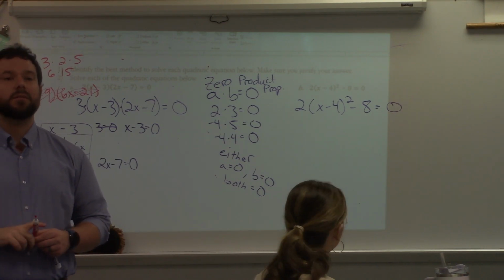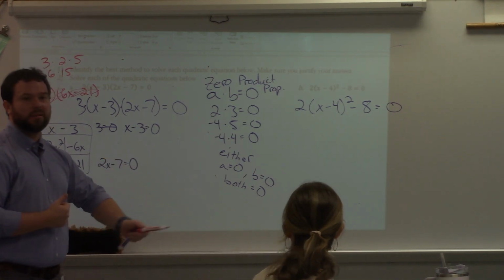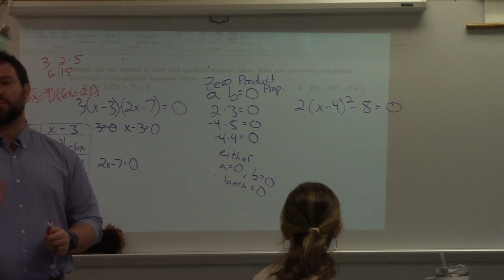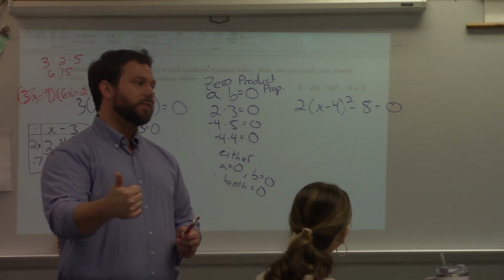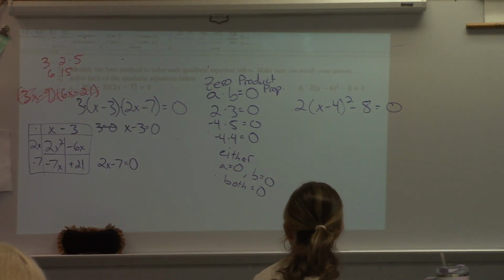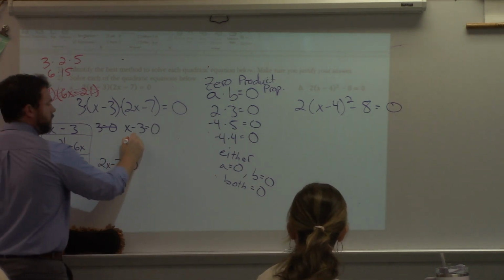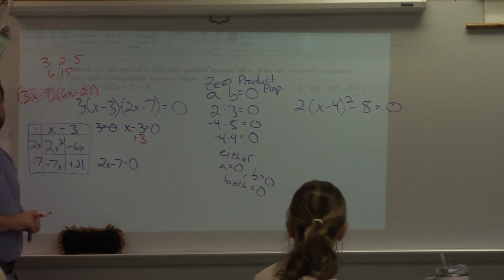Well, I could simplify, but is there anything to simplify here? I could substitute, but guys, what's the solving process? It starts with an I word. Inverses. What inverse should I use? Right here. Addition plus what? 3. So just plus 3 there?